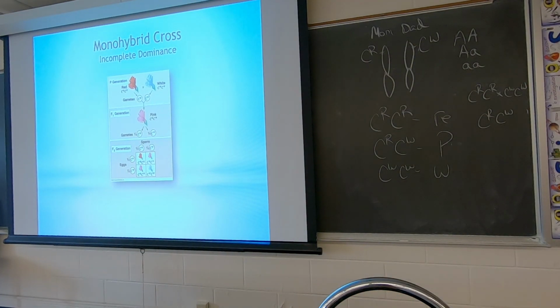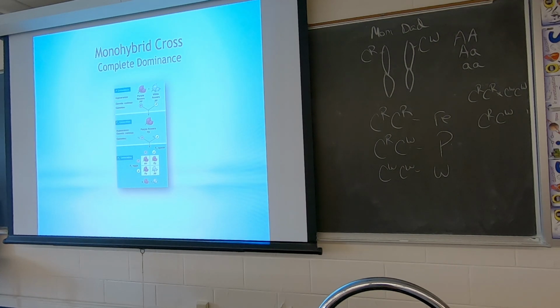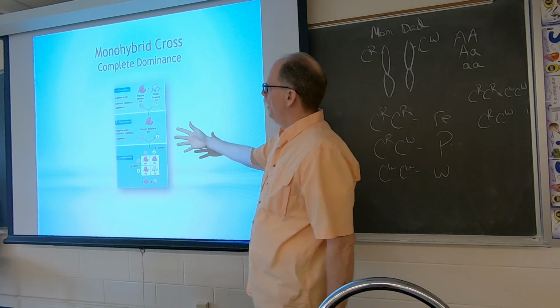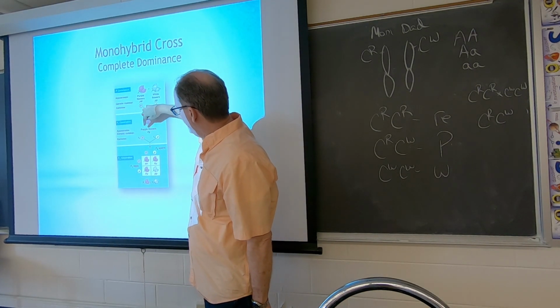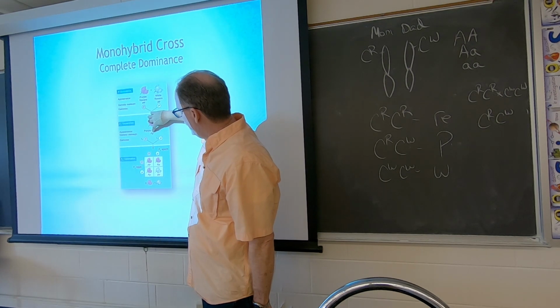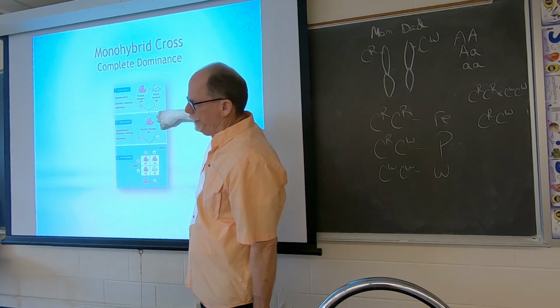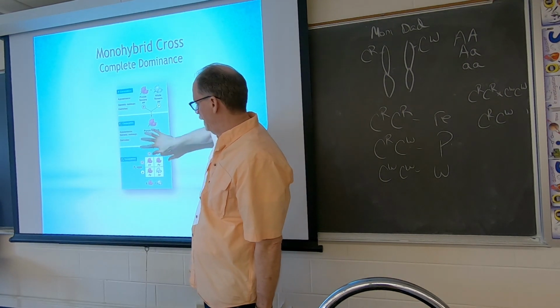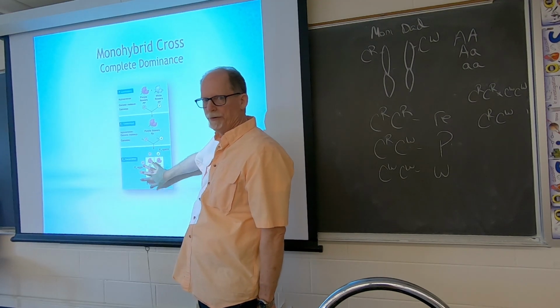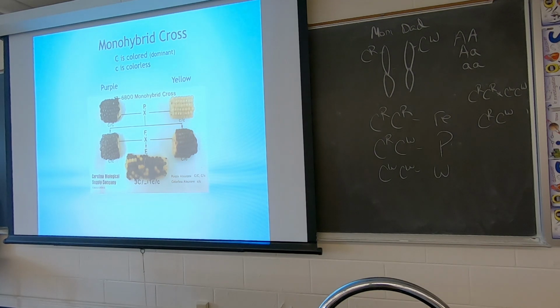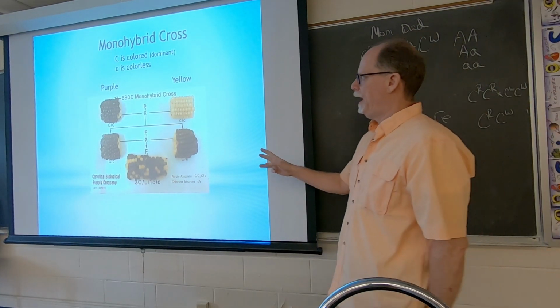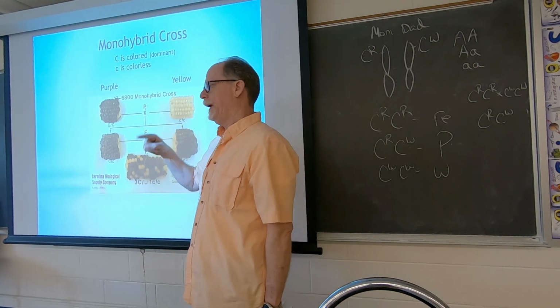And then on the PowerPoint, I've also got this other one, this is a monohybrid cross. When you cross this heterozygote with another heterozygote, that is the result of that cross. And then here's a better picture of that monohybrid. It's on the handout.